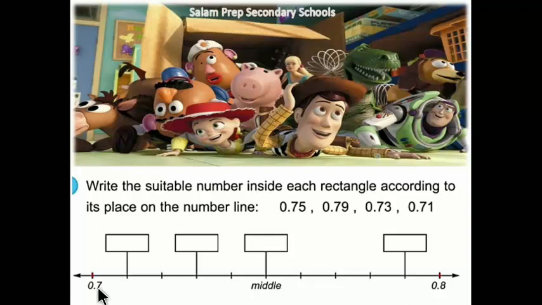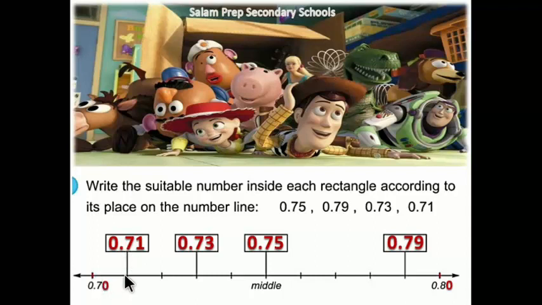So, the number is 70 hundredths. And also put 0 after 8. So, the number is 80 hundredths. 70 hundredths. 80 hundredths. Now we can write the decimal numbers as follows. After 70 in the decimal part, 71.